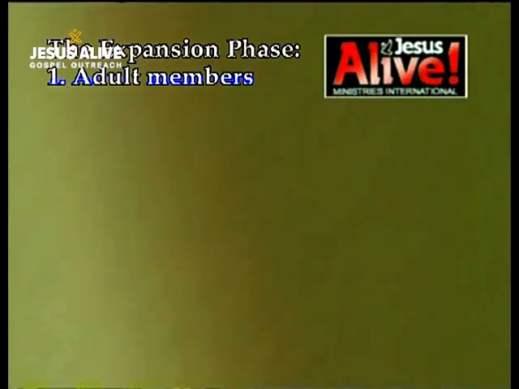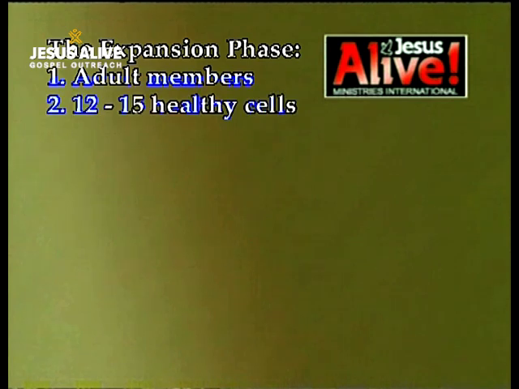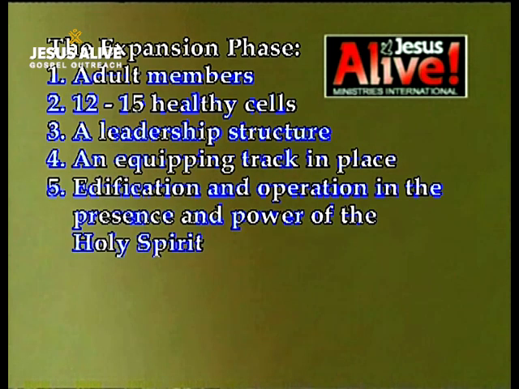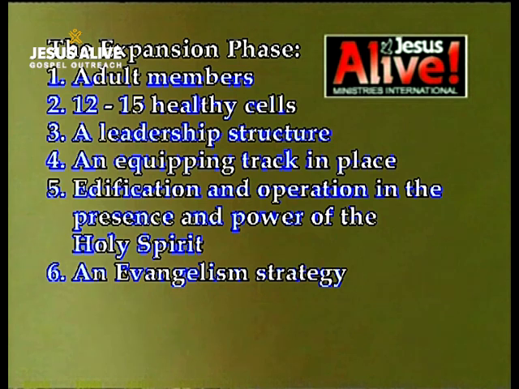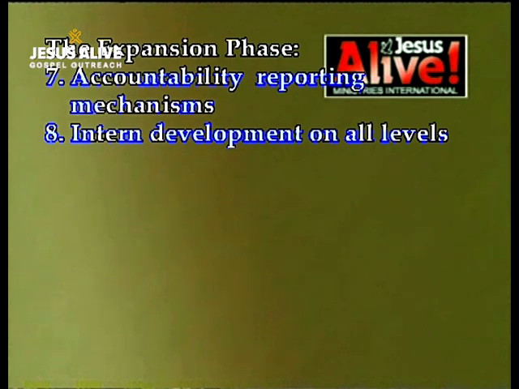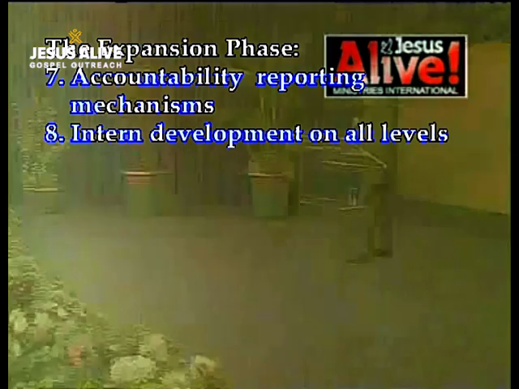At this phase, your church should exhibit the following characteristics: at least 120 adult members, 12 to 15 healthy cells, a leadership structure, an equipping track in place, edification and operating in the presence of the power of the Holy Spirit, an evangelism strategy, accountability and reporting mechanisms, intern development on all levels, and a prayer strategy.